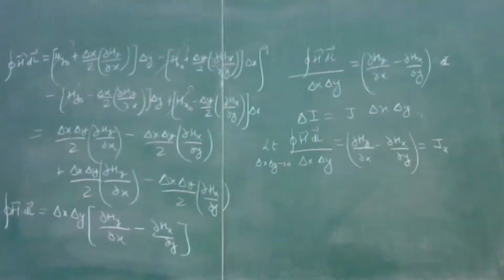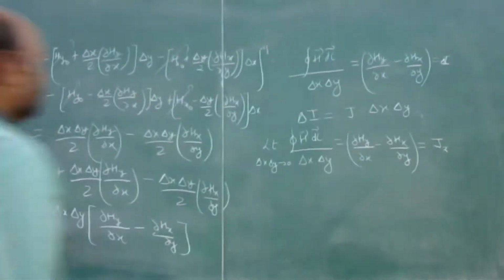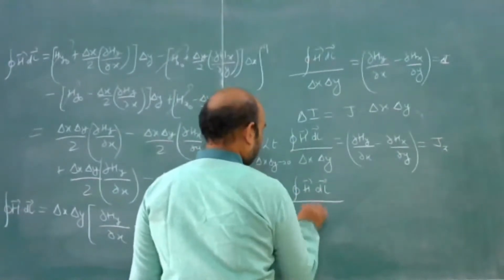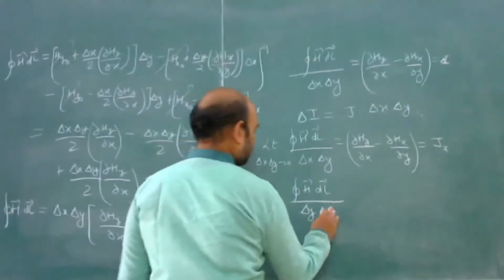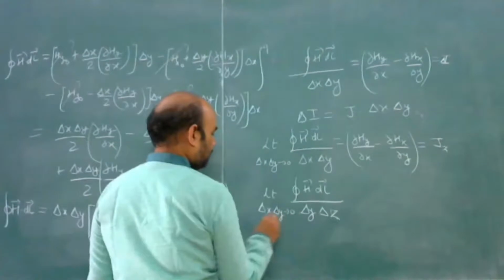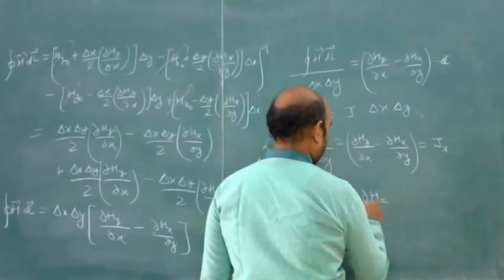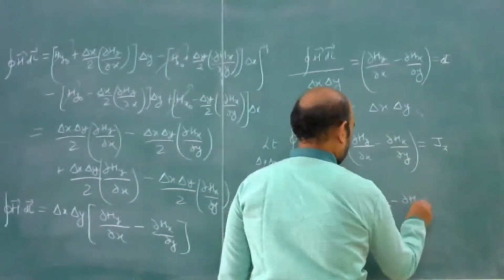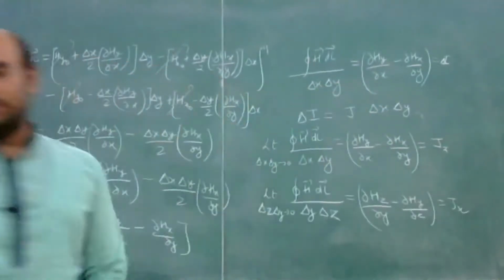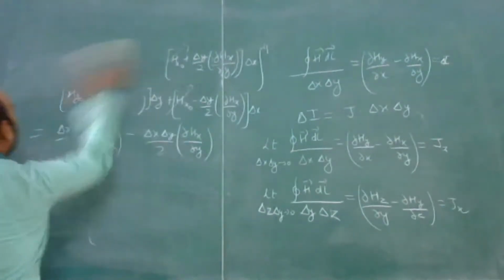So similarly, we can find the value of Jx and Jy. Okay, so H dot dl upon delta y delta z will be this, and this will be the value of Jx. Okay, and similarly, we can find the value of Jy also.